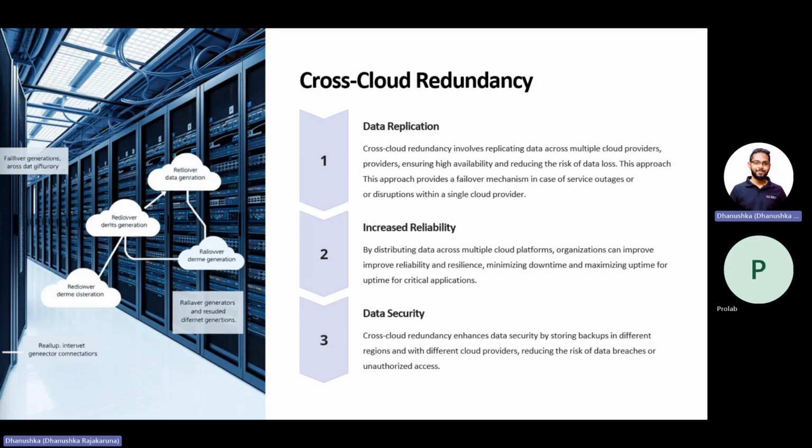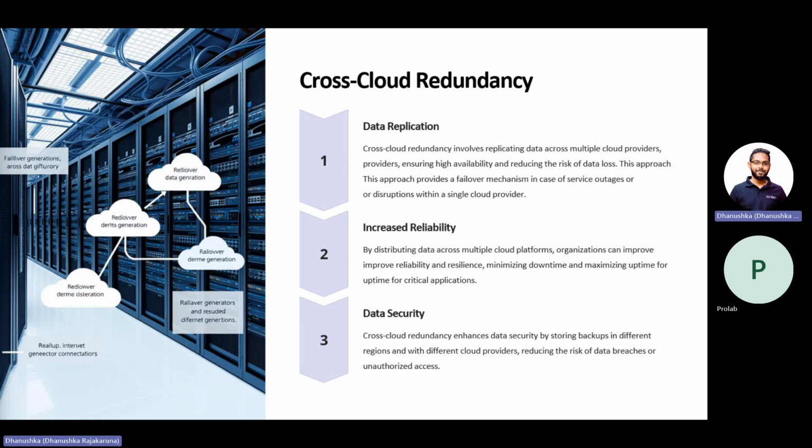The strategies for implementing cross-cloud redundancy are active-active deployments, active-passive deployments, geo-redundant storage, load balancing across clouds, and unified backup solutions.